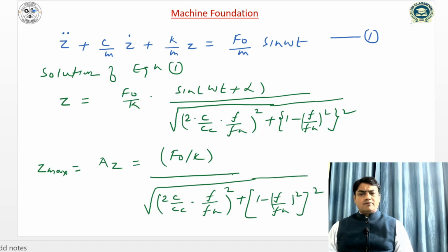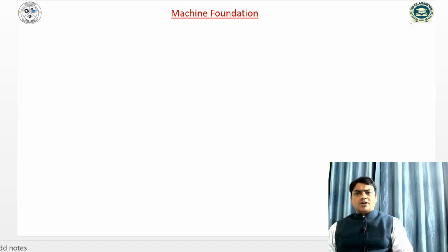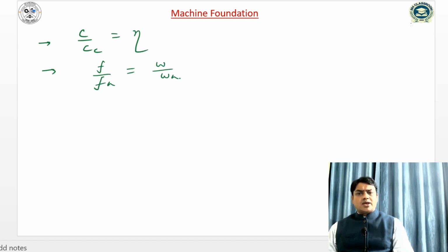And we know that the value of c by cc is the damping ratio, and similarly f by fn or omega by omega n is the frequency ratio.